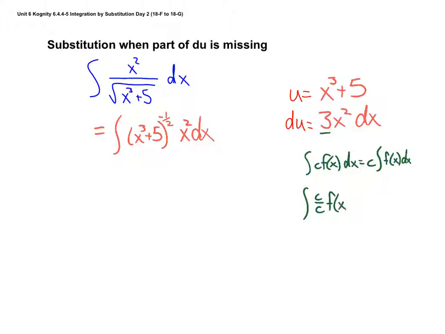What if I had c over c? It wouldn't really do anything to the value, because I'm multiplying by 1. But notice, because of the property we just looked at, I could rewrite that c over c as c times 1 over c, and I could take out one of those factors.